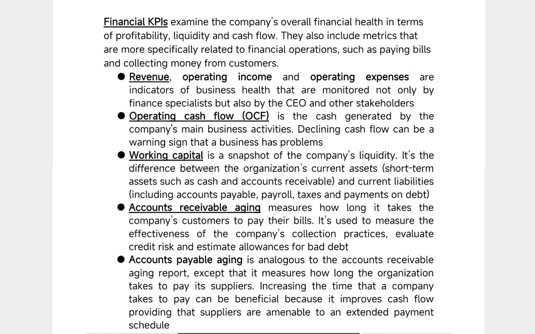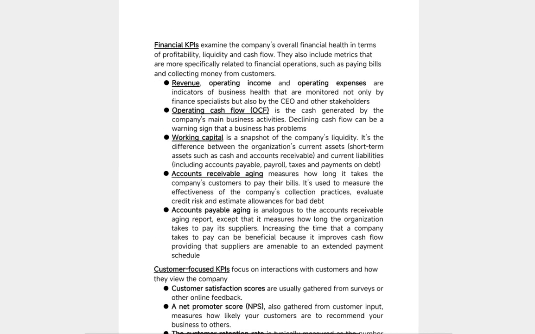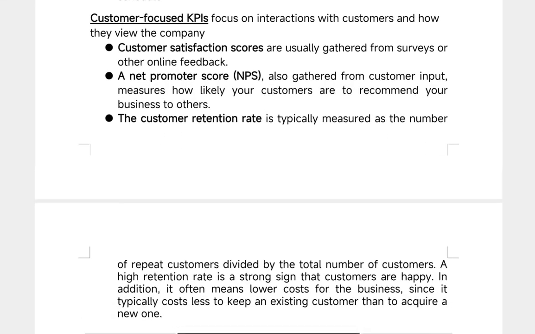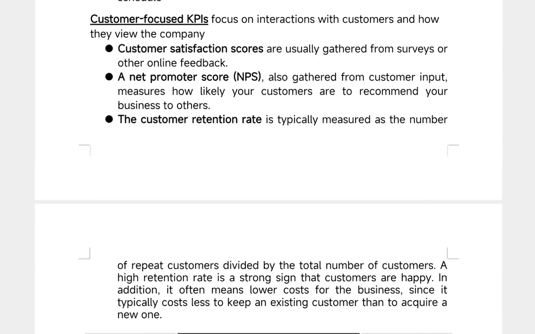Now let's go to the customer-focused KPI, or the customer's view about the company. We have different types of customer-focused KPI. First is the customer satisfaction score, which is the view of customers from surveys or other online feedback.